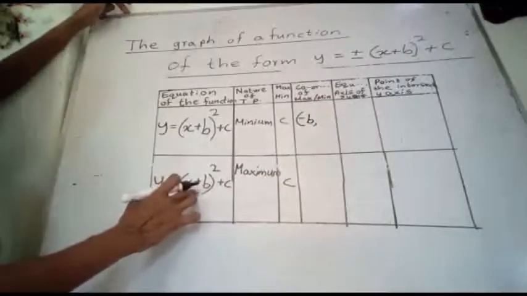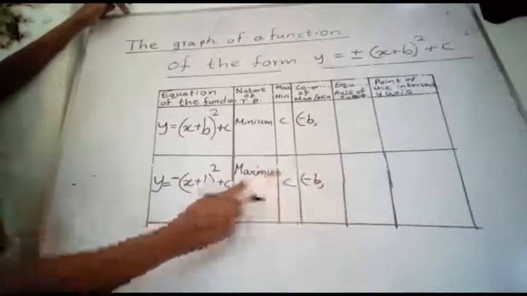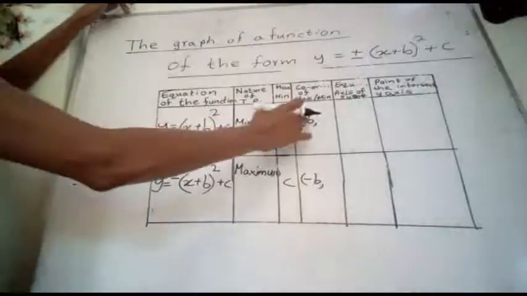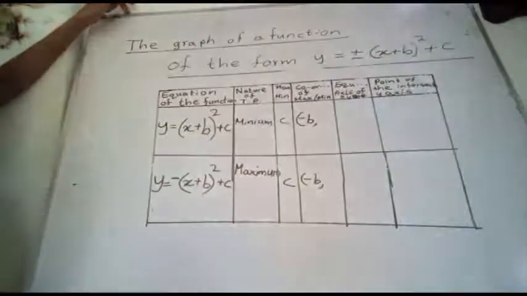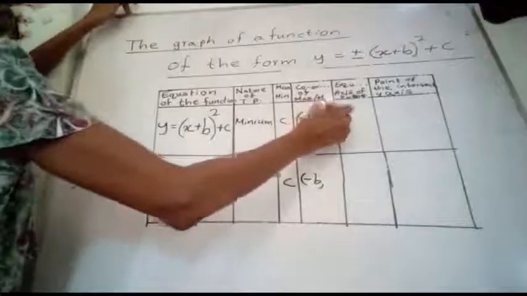Here the sign is positive, this sign is negative. If the sign here is negative, the sign is positive for this. Then the y coordinate is this.